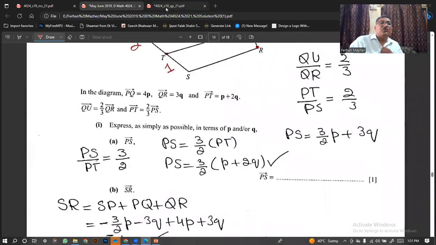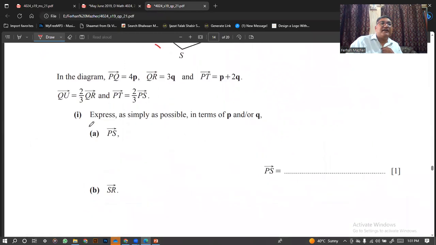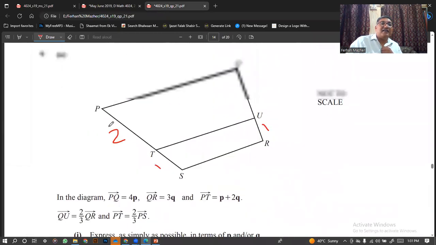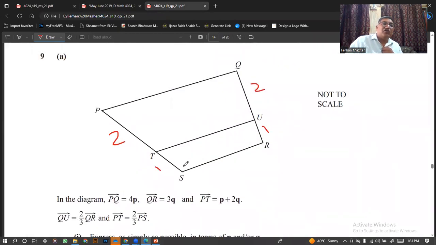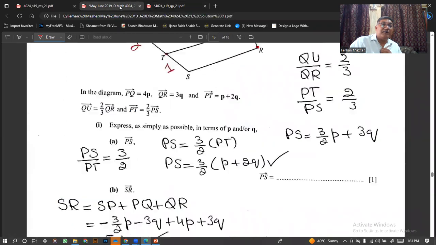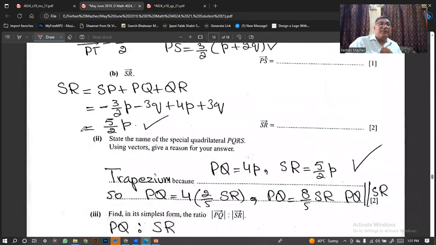Okay, then we go to the next part, and he says find SR, S to R. So I will go from S to P, from P to Q, from Q to R. Okay. So my bypass will be SR will be equal to SP plus PQ plus QR.